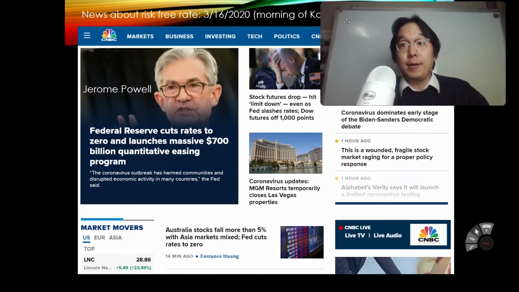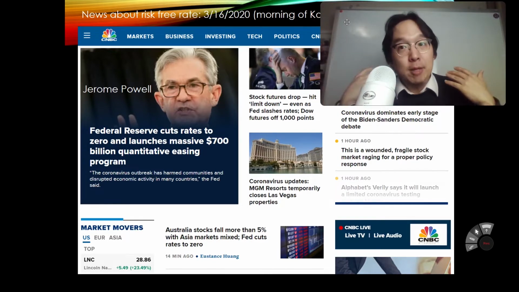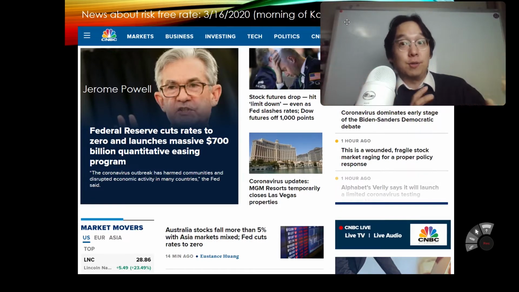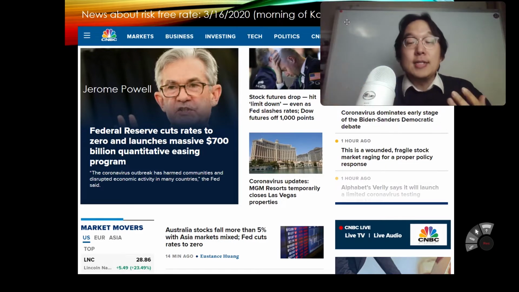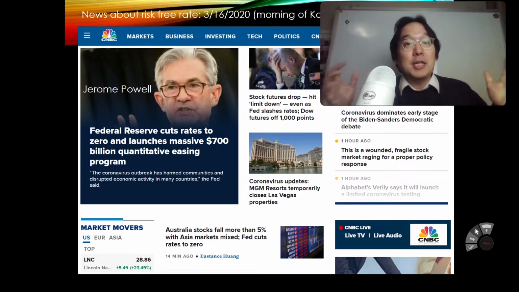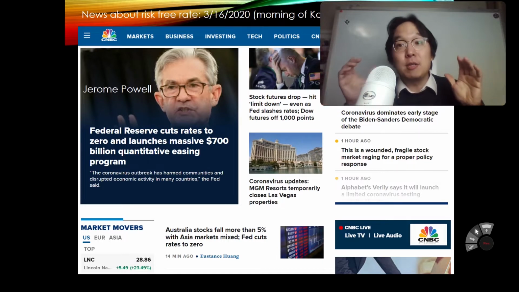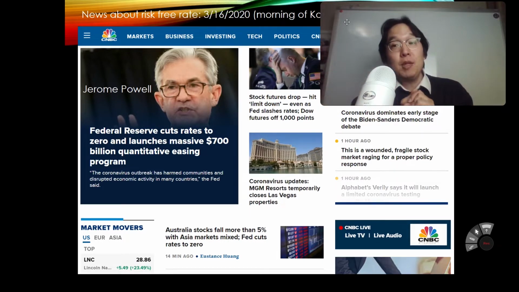And nobody wants to travel these days. Nobody wants to meet people face to face because of the concern of infection, right? So the whole business activities are crashing down, okay? So not just the financial market is crashing down, but the real economy is a problem, okay? We don't know how to solve it right now, okay?